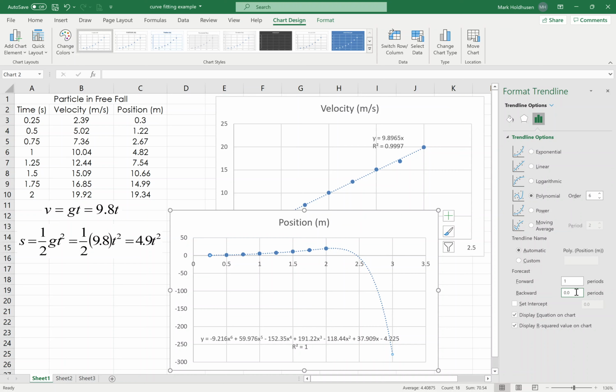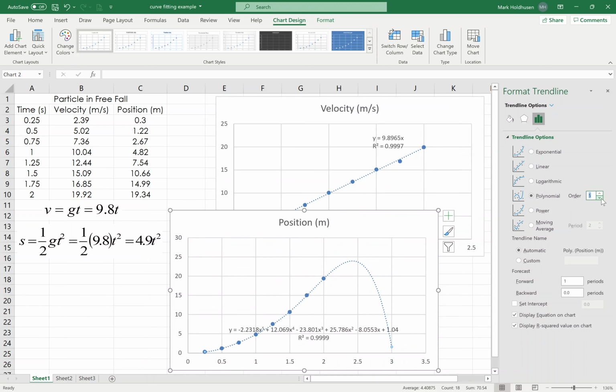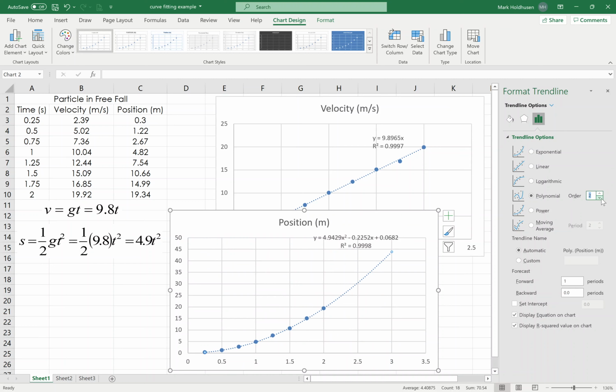So even though my r squared value is 1, you want to be very careful and not just blindly use equations that give you the best r squared value. You need to understand, or at least attempt to understand, physically what's happening with the data, and then fit the appropriate curve to it. Notice, if I go back to a second order polynomial, which is what we expect it to fit, this is more along the lines of what we expect to see.